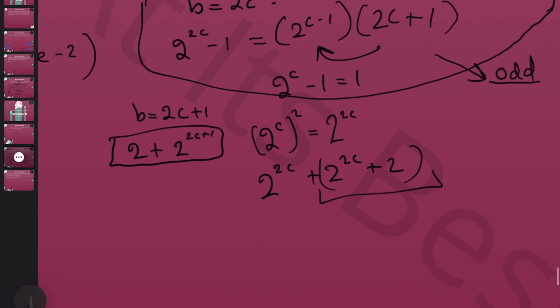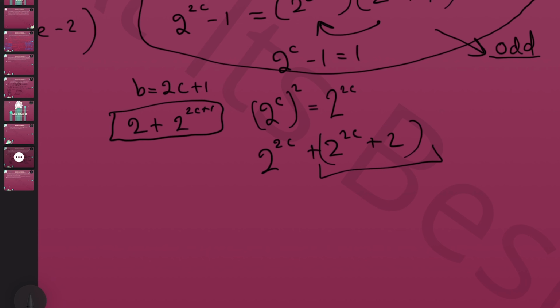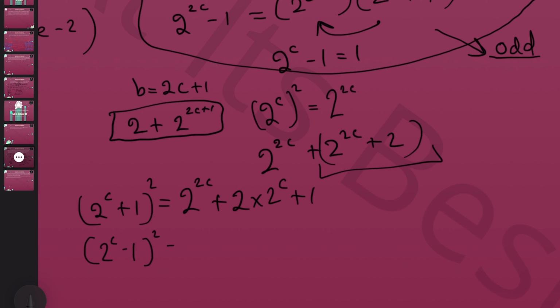So let's have a look at things that are close, and let's take a look at 2 to the power of c and square them and see where it takes us. So if we now have 2 to the c plus 1 and we square that, we know that's equal to 2 to the 2c, plus 2 times 2 to the c, plus 1. And then 2 to the c minus 1 squared is equal to 2 to the 2c, minus 2 times 2 to the c, plus 1.